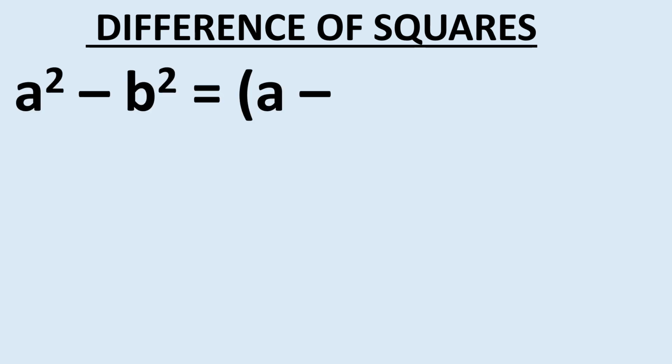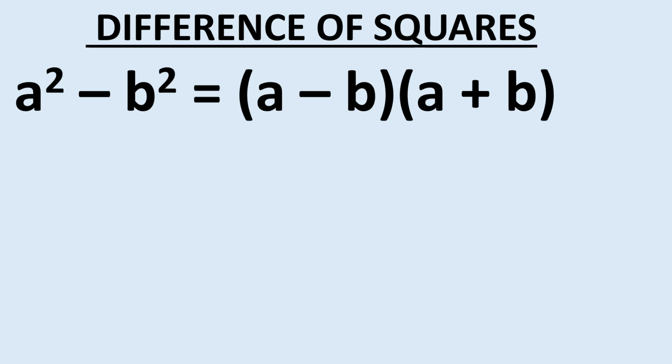So we'll be looking at the difference of squares, which can be expressed mathematically. a squared minus b squared is equal to a minus b into a plus b. a squared minus b squared is what you call the difference of squares. a squared is a square, b squared is a square.